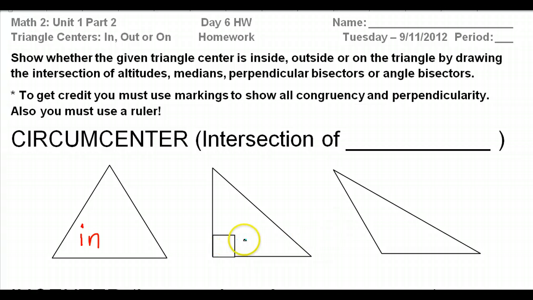So let's just deal with the obtuse triangle and the right triangle. You had to remember that a circumcenter is the intersection of perpendicular bisectors. So they have to form a 90-degree angle and cut the side in half.